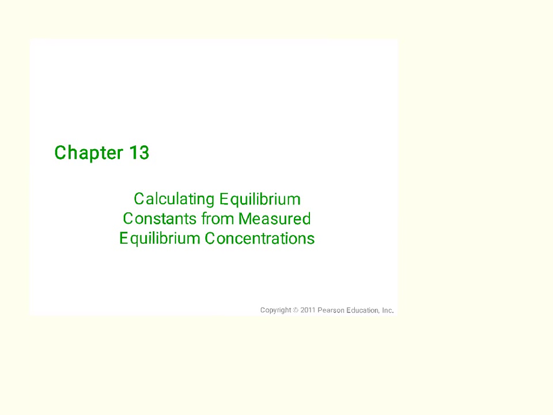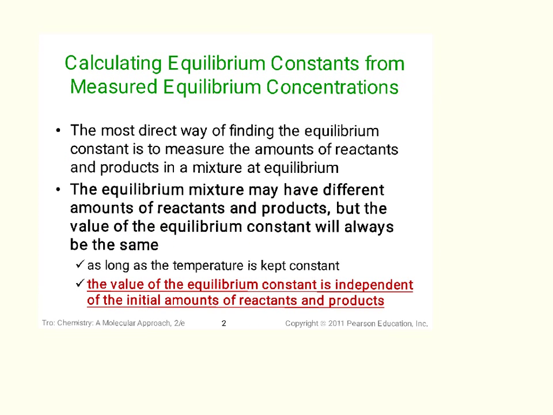In this part of chapter 13, we are going to practice calculating equilibrium constants from measured equilibrium concentrations. We need to understand that the equilibrium mixture may have different amounts of reactants and products, but the value of the equilibrium constant will always be the same.